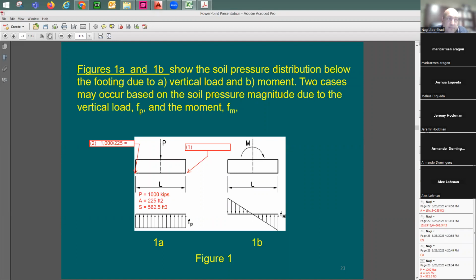Yes? $4.44. Units? Can you help me with units?